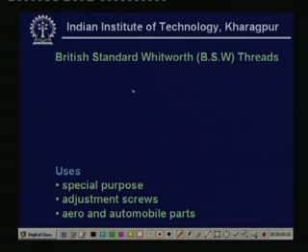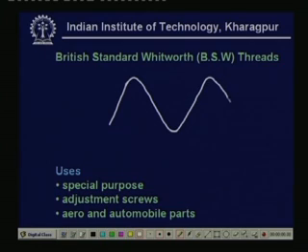Now, it has the profile like a V, but now here you see this is a part of a triangle, but some clearance is provided.